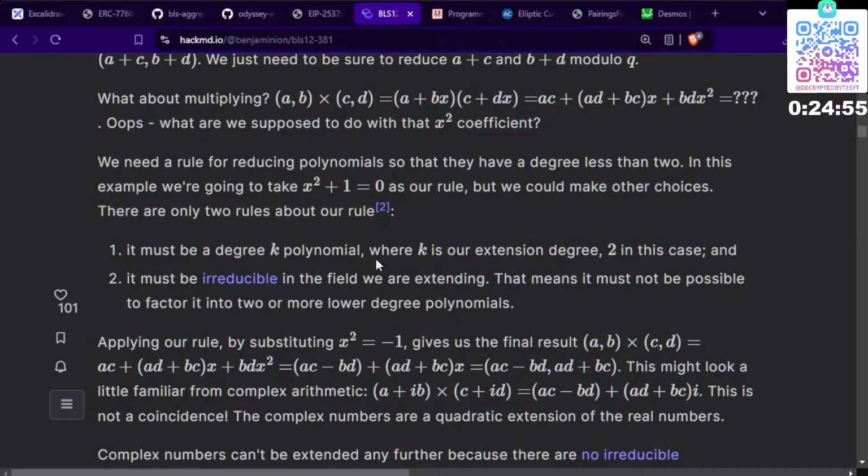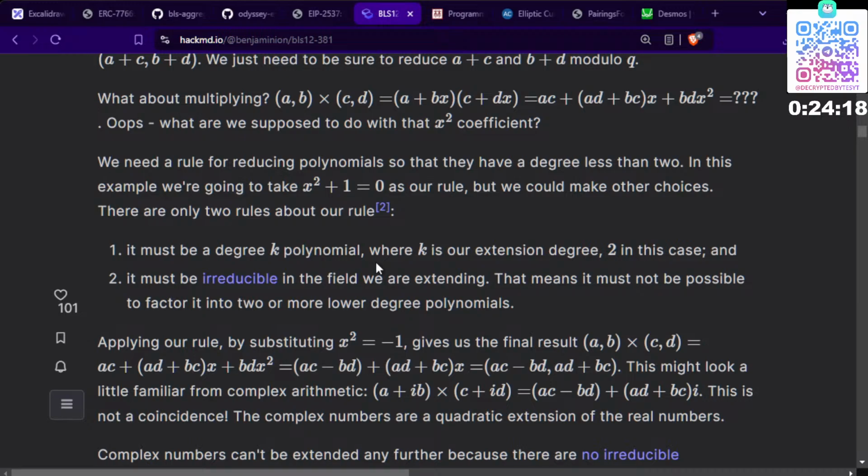We need a rule for reducing polynomials so that they have a degree less than 2. In this example, we're going to take x squared plus 1 equal to 0 as our rule, but we could make other choices.